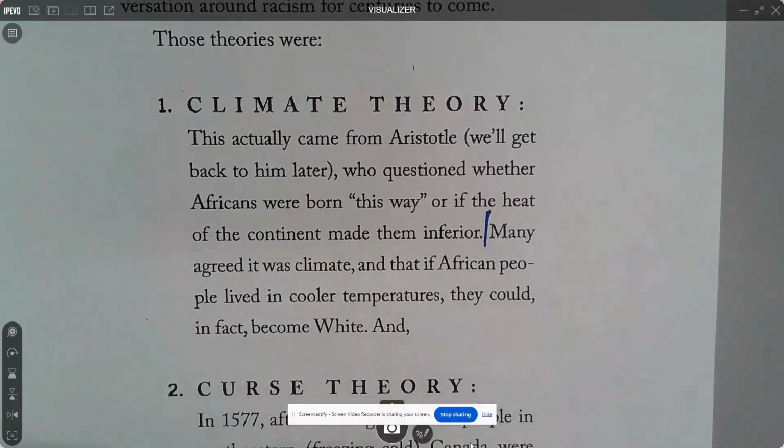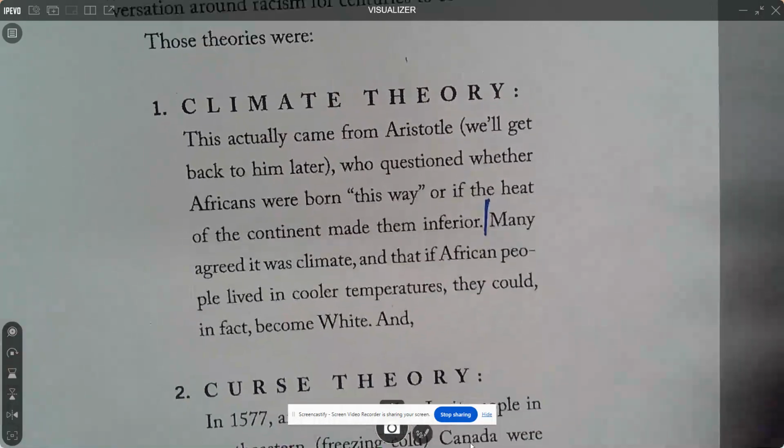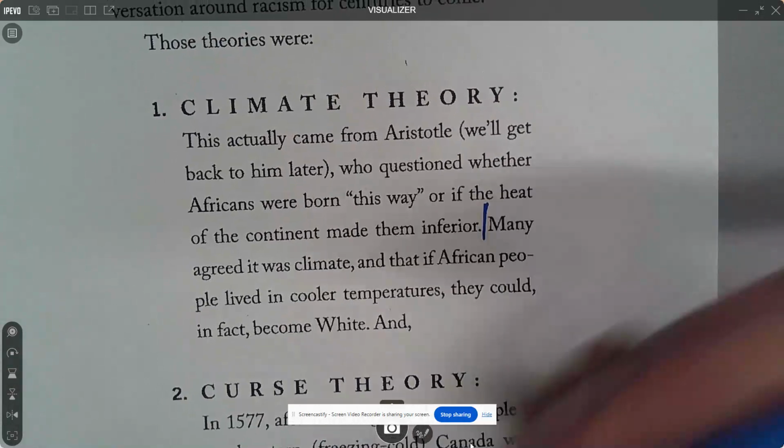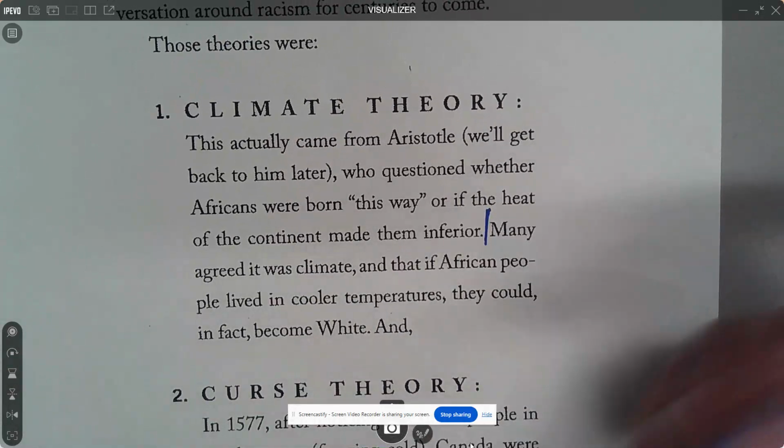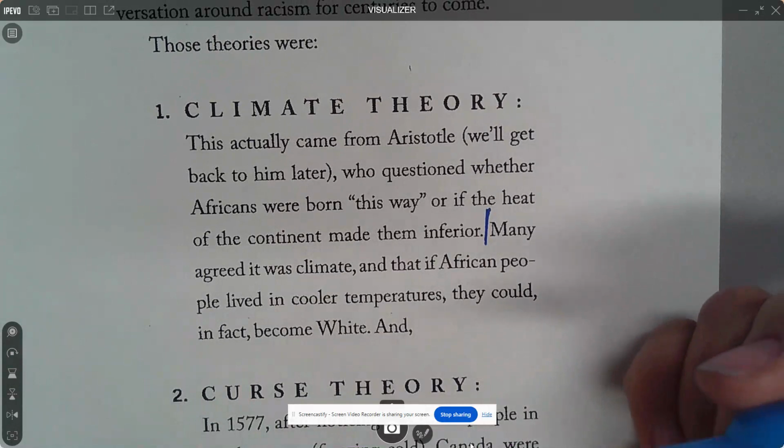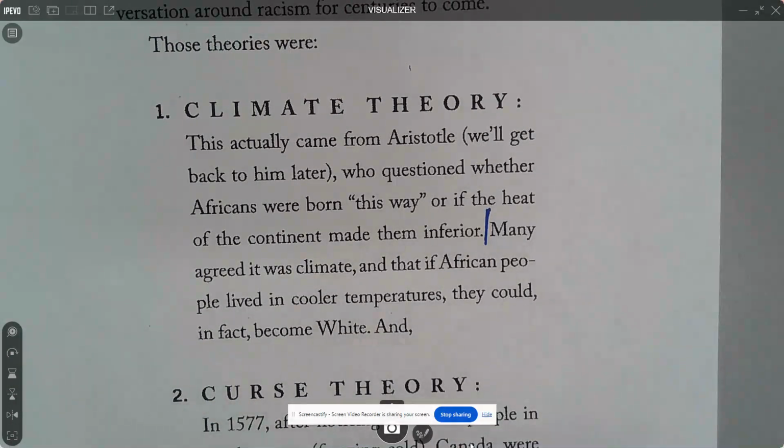I shared with you when we were talking about paraphrasing how it is very hard for me to hold a lot of information in my head at the same time. So I prefer to chunk what I'm going to paraphrase and paraphrase one chunk of information at a time. So the next thing that I'm going to do is get out my highlighter, and I'm going to highlight the key words in this idea.